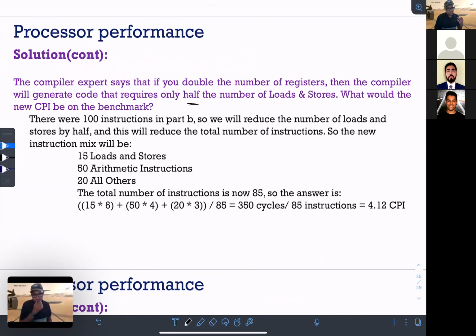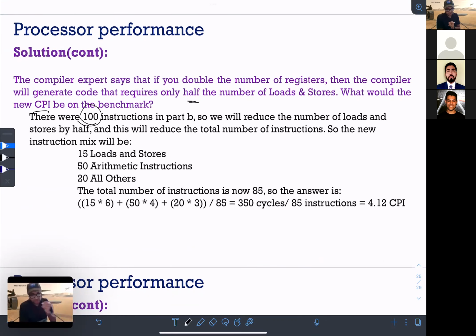Okay, what would be the new CPI? Of course the CPI will change, because you decreased the number of something. Since we already agreed that we have 100 instructions, and that the 30% became 15%, now it's going to be 15 load and store, 50 arithmetic, and 20 all others.